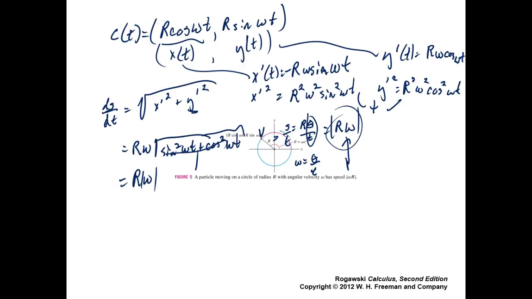Now, what they ask, secondly, what is the speed if r is equal to 3? And that's in meters. And omega is 4 radians per second. And this isn't really a unit, but I'll put it this way. A radian is a unit, it's a ratio, okay, of two values with the same dimension. So it usually is not a unit, but just to humor them, we'll do that. So then what is your speed, ds/dt, for this one?